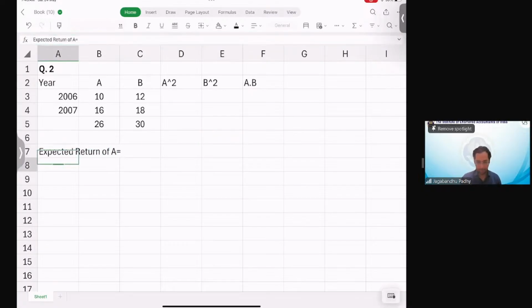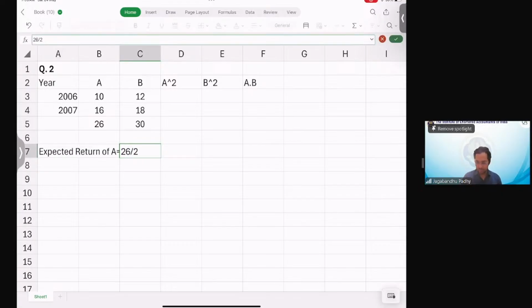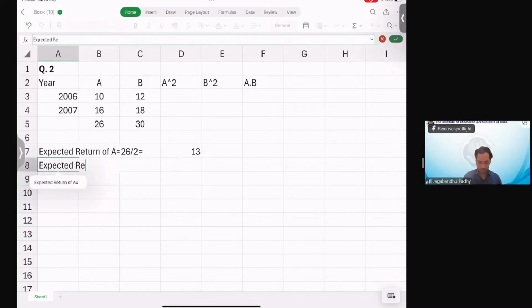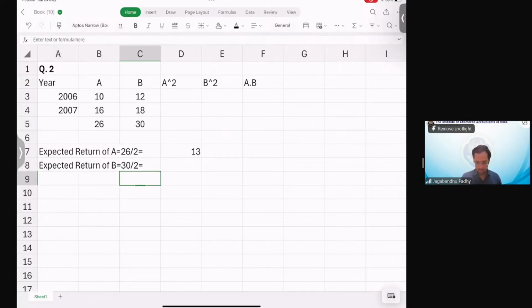of A. Expected return of A will be 26 divided by 2, which is 13. And then expected return of B is 30 by 2, which is 15, right?